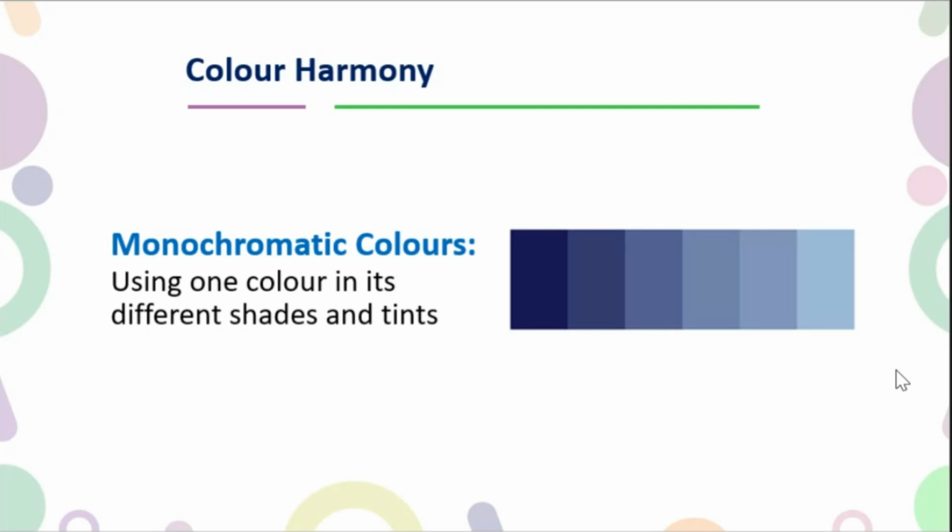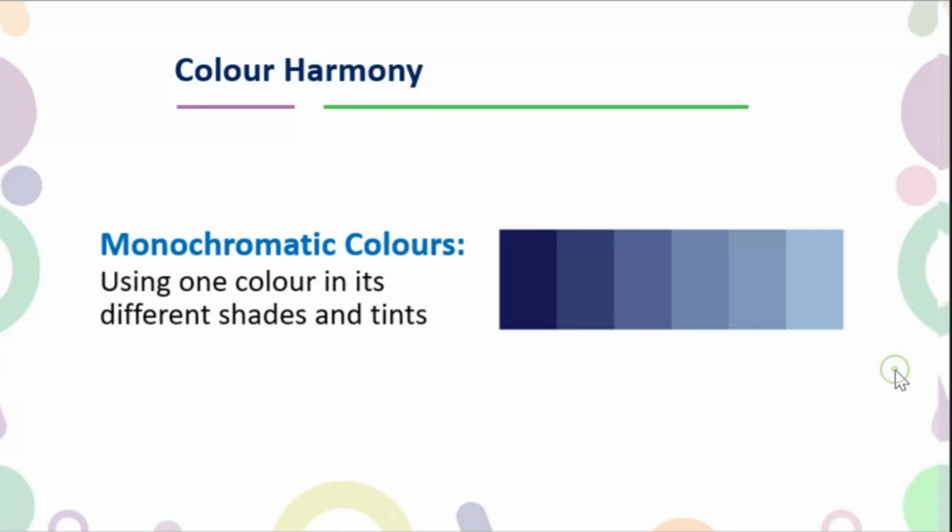If I add a little white to it, I am tinting it. So the addition of white or black to the color makes it monochromatic. If I take blue and add little drops of white, you can see I'll get a transition of colors. And you can use that also as your color palette when designing.